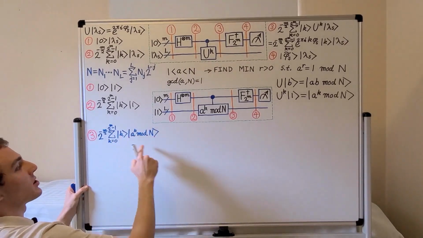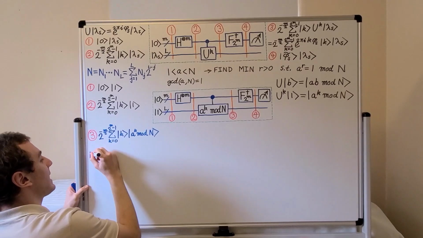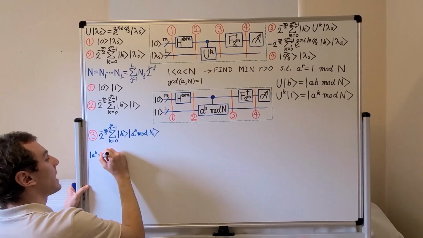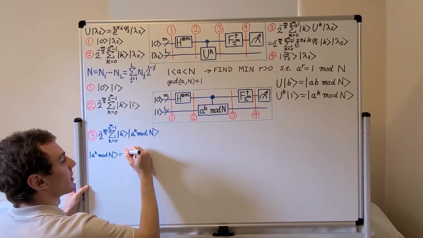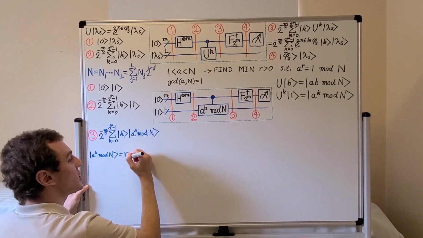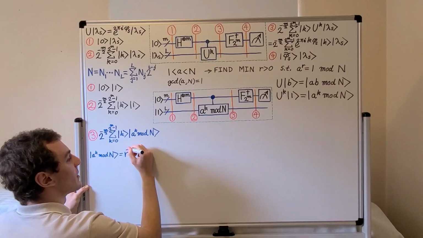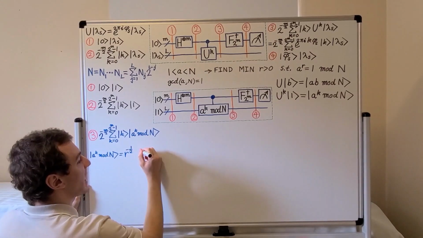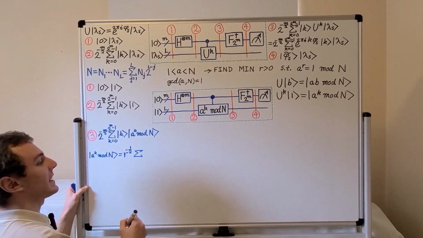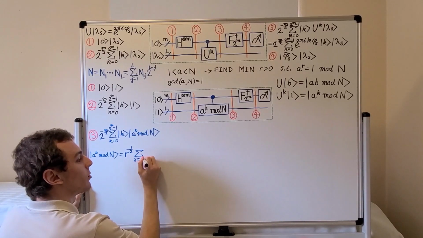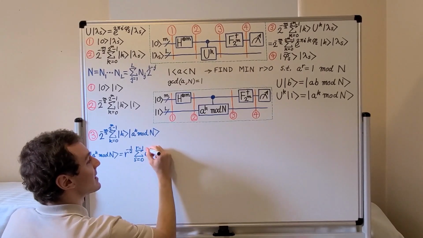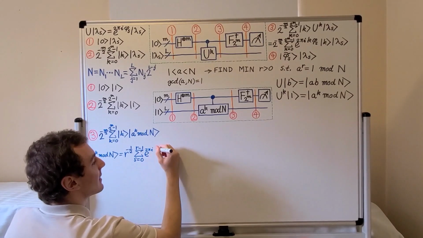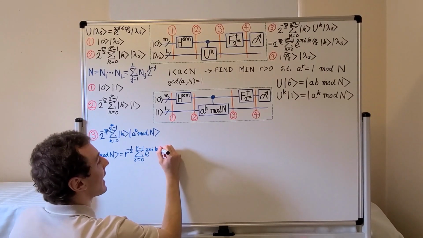And let's elaborate on this state over here. A to the k mod n can be expressed as a superposition. We're going to have a normalization coefficient of r to the minus 1/2. Then we're going to have the sum over an index s going from 0 to r minus 1 of e to the 2 pi i times k s on r.